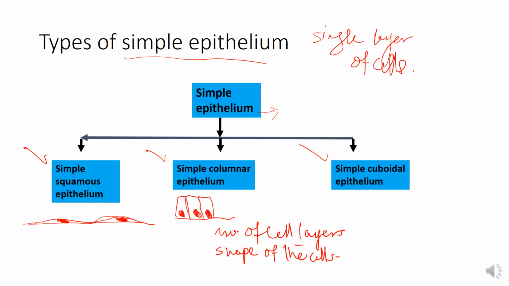Now the simple cuboidal epithelium consists of single layer of cuboid shaped cells.